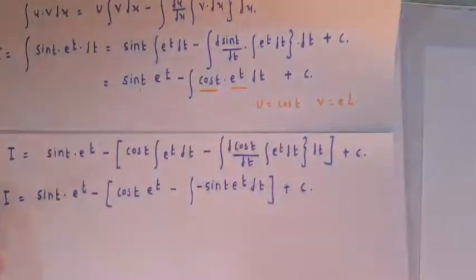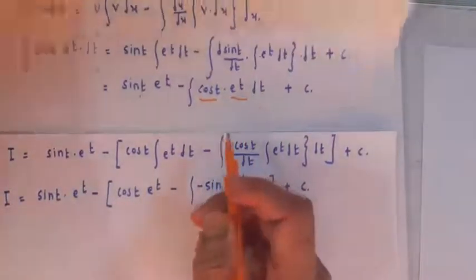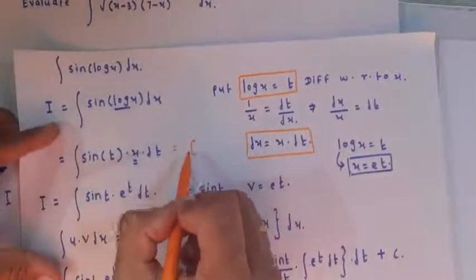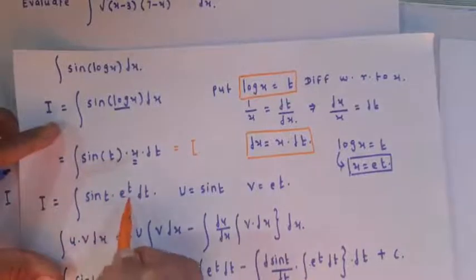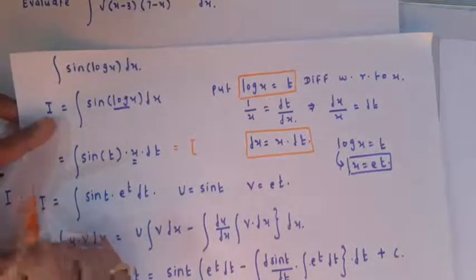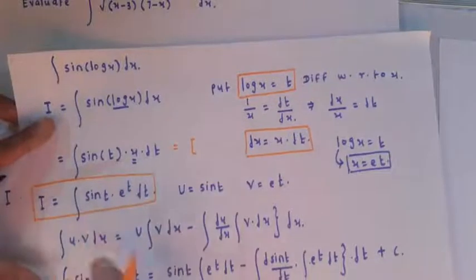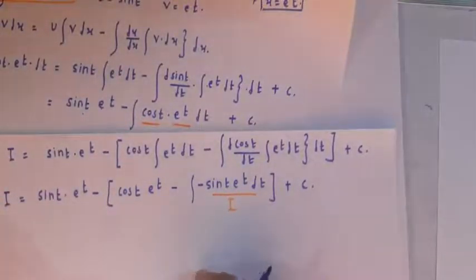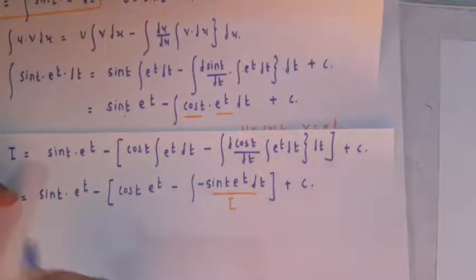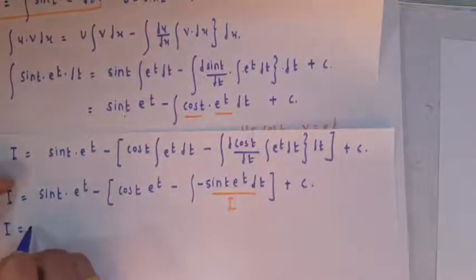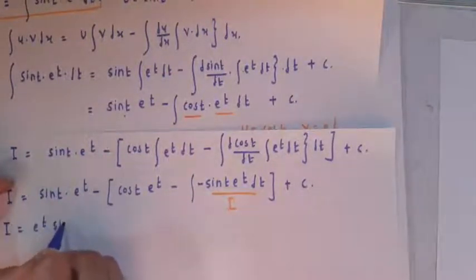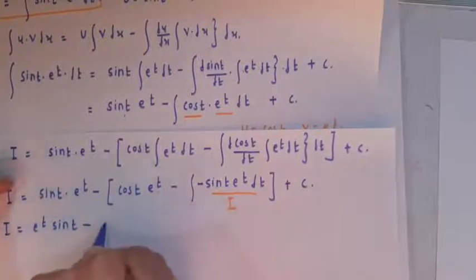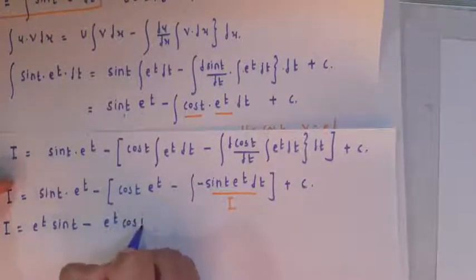Okay students, so see here we have considered this integration of sine of t e raised to t equal to I. Okay, we have considered this is equal to I, and therefore the value of this is I. And now this is integration I equal to e raised to t sine of t minus e raised to t cos of t.